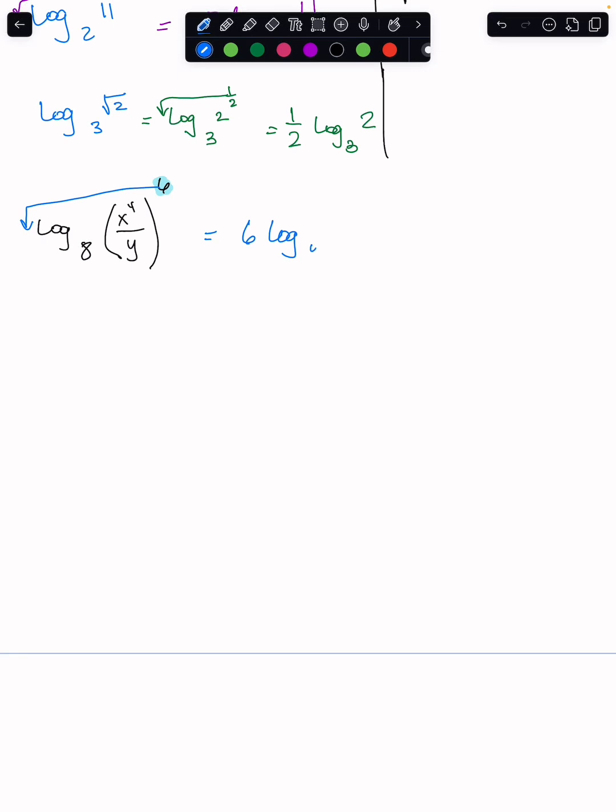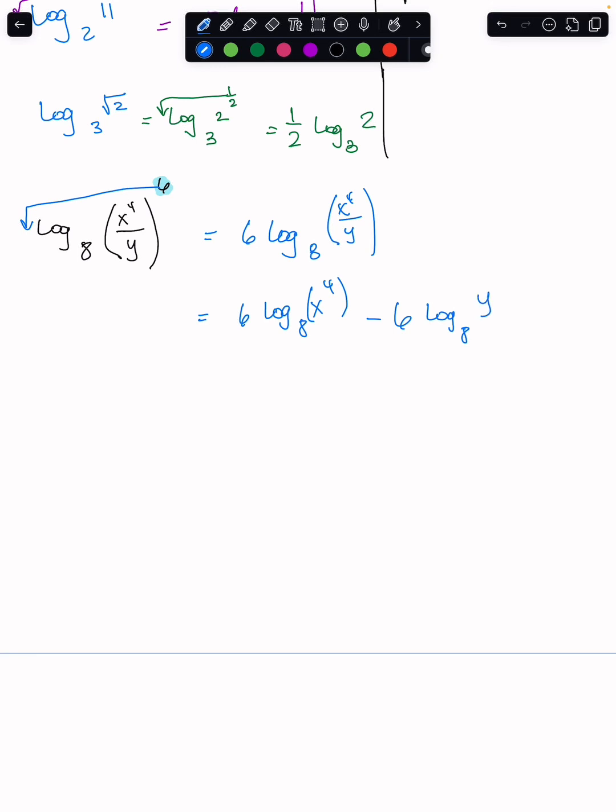6 times the log of 8 parenthesis x to the 4th over y. Now I see division, which leads me to my other rule where I have to subtract. So this is becoming 6 log of 8 to the x to the 4th minus 6 log of 8 to the y.